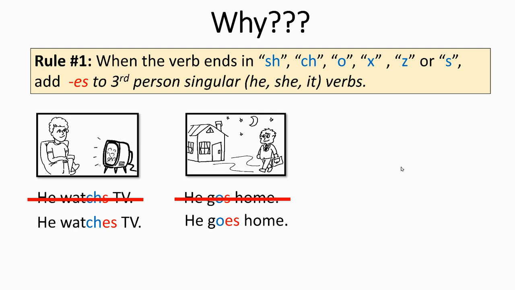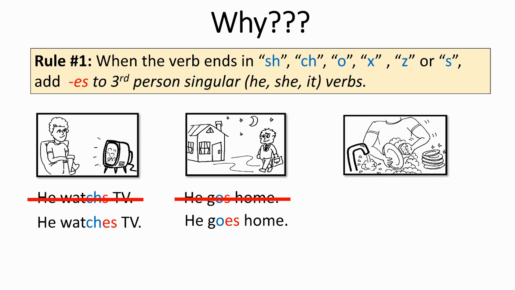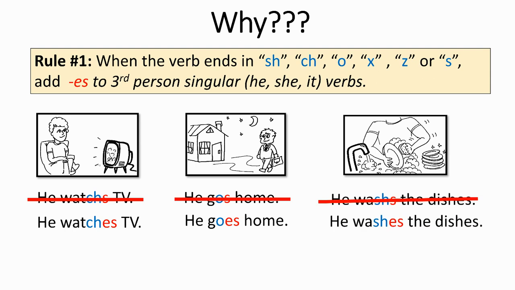Goes. He goes home. And finally, one more example. He washes the dishes. Wash ends in SH, so we add ES. He washes the dishes. Okay, that is rule number 1. Let's continue.